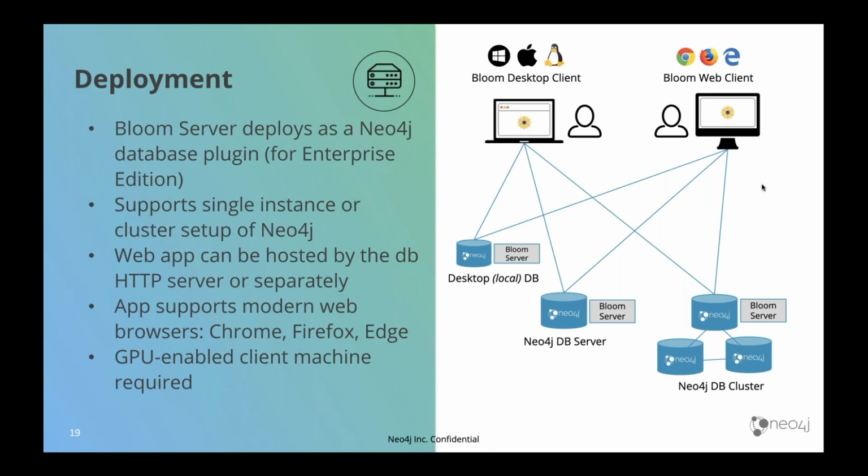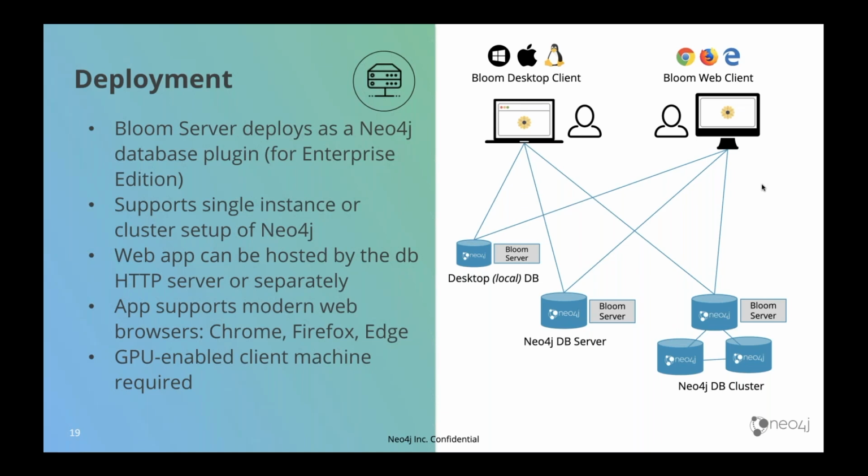So I mentioned earlier on in this webinar that we had launched Bloom last year. So last year was the first release of Neo4j Bloom. It was really meant to be a single user kind of release, where it's a desktop-based install.